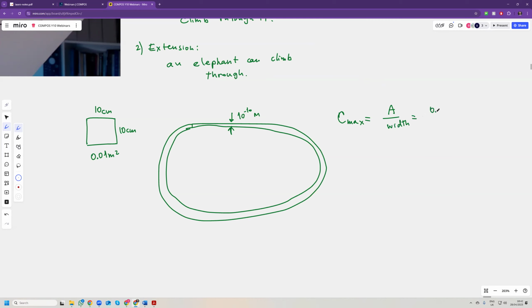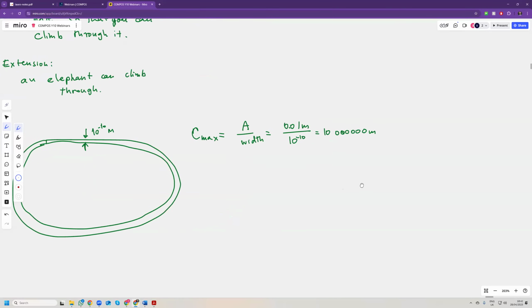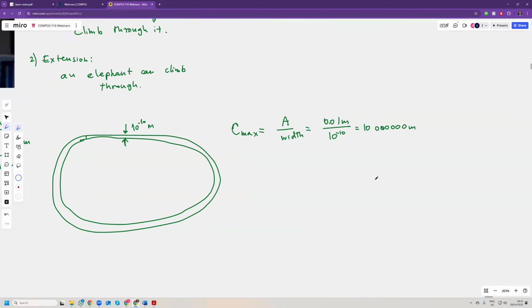So the area is 0.01 divided by 10 to the minus 10, which would be 10 million meters. That's a lot.